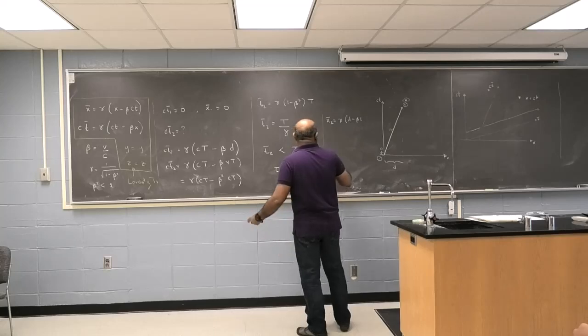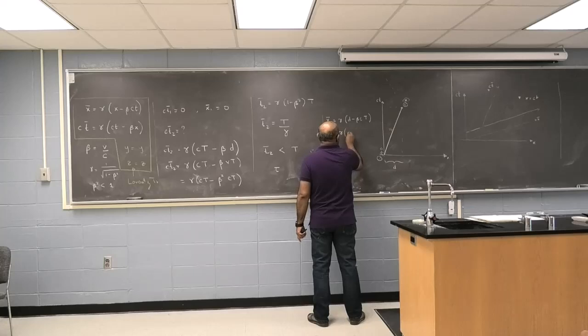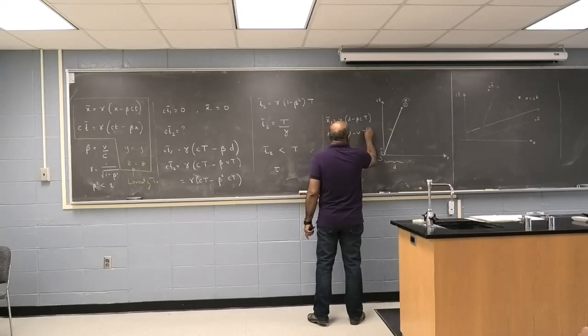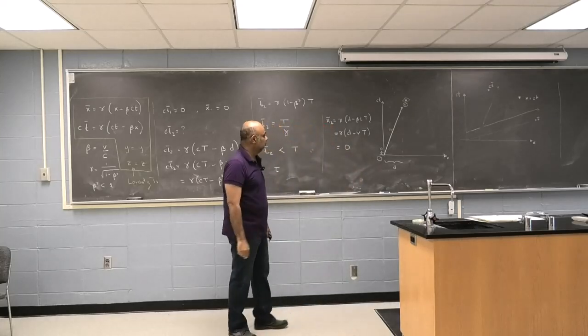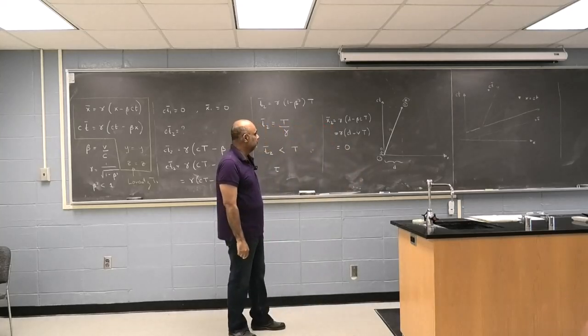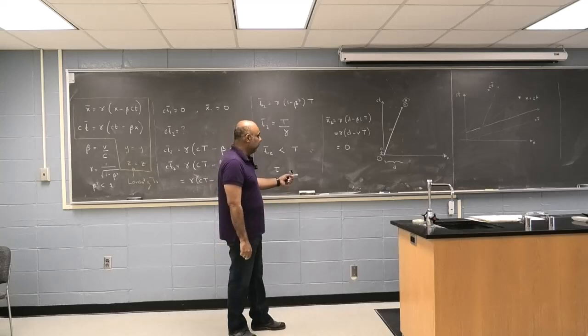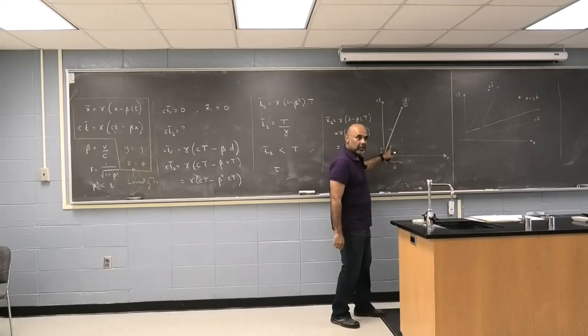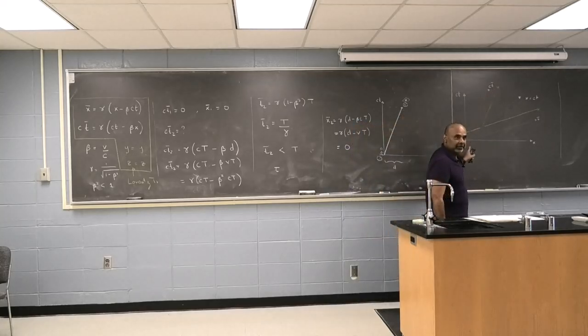T2 was t, so we use just CT. So we get VT minus VT. D equals VT, so D minus VT is 0. So for this moving observer, the bar, it begins at x2 equals 0 and ends at x2 equals 0. That's fine, because we just drew that. This is the line, x bar equals 0.